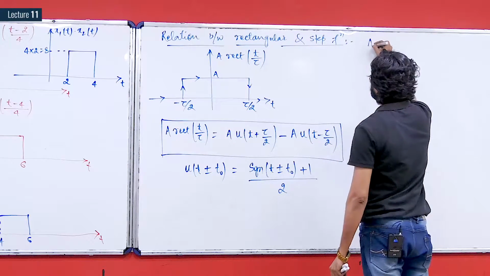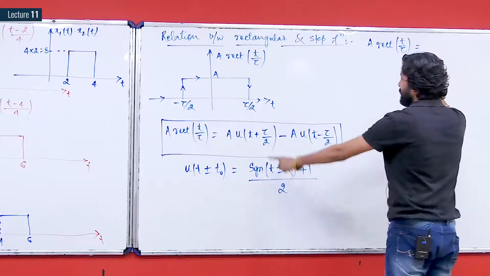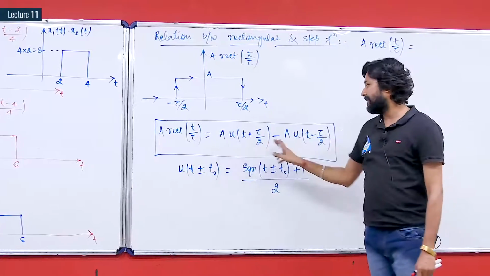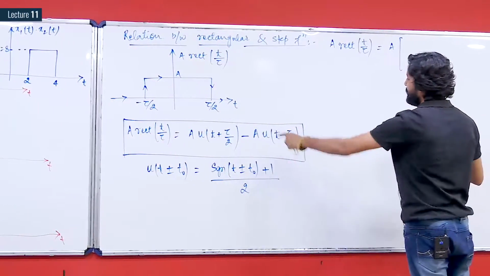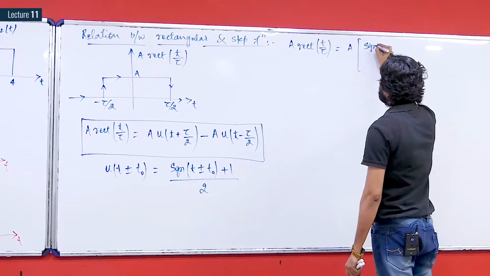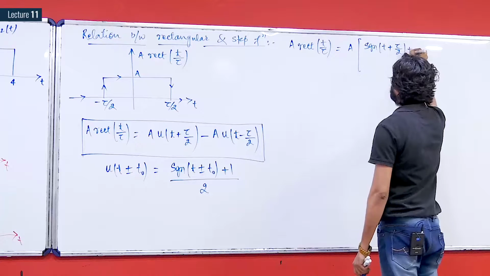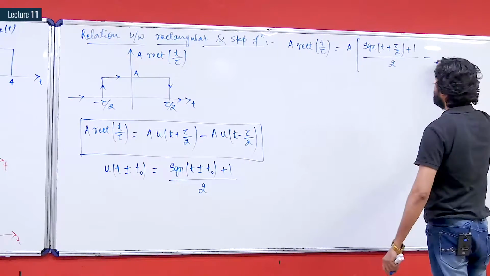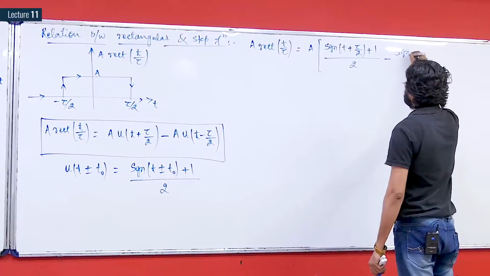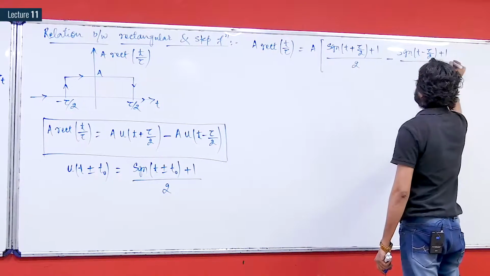So you will be having a rectangle of t upon tau is equal to, a can be taken outside common from these two values. So we can write a times u of t plus tau by 2 as signum of t plus tau by 2 plus 1 divided by 2, and minus, we have taken a outside common, signum of t minus tau by 2 plus 1 divided by 2.